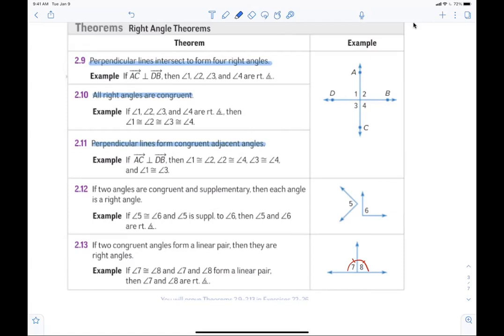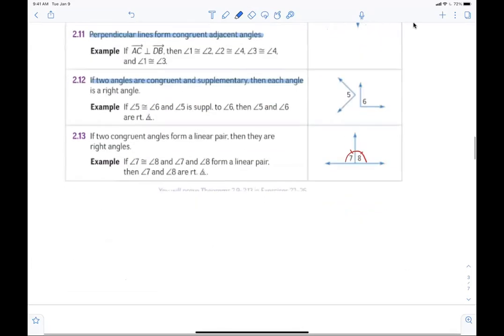All right. 2.12. If 2 angles are congruent and supplementary, everybody knows that, they would have to both equal what? 90 degrees. We definitely can prove that one. Is everybody okay with that? And last, stating the obvious.